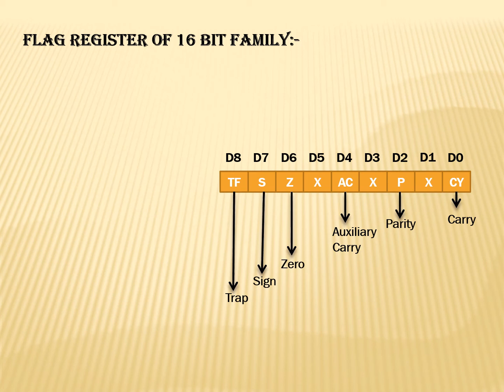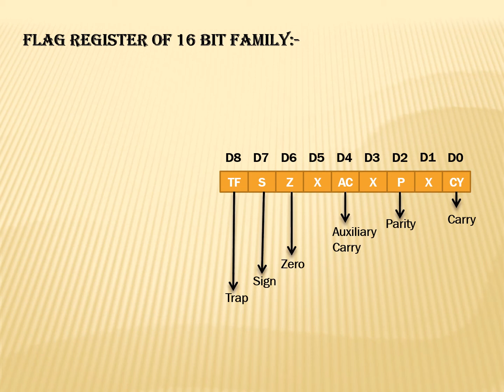Again I am saying, after the execution of each and every instruction, the microprocessor automatically generates an internal interrupt, which allows a program to be inspected as it executes instruction by instruction. Understood?